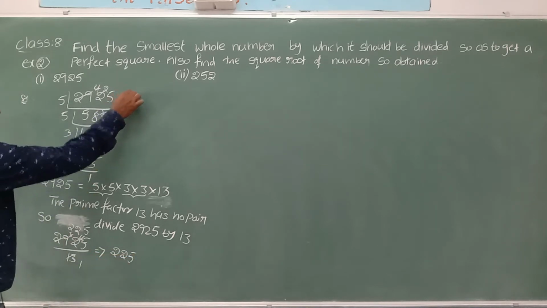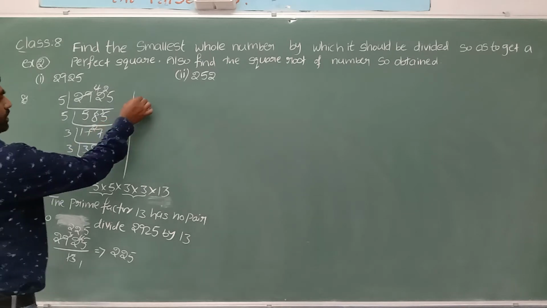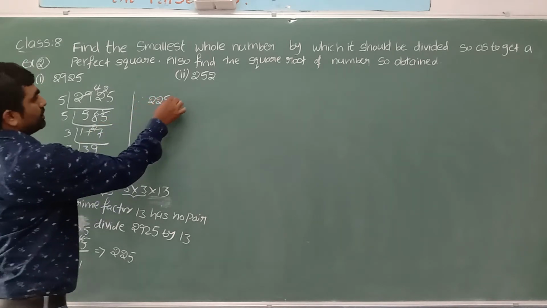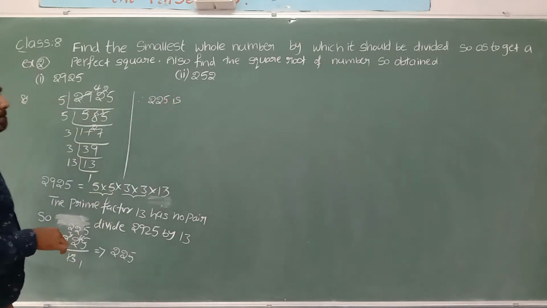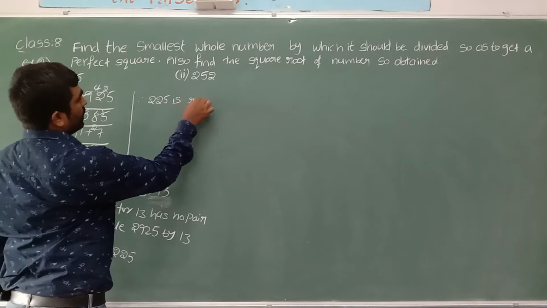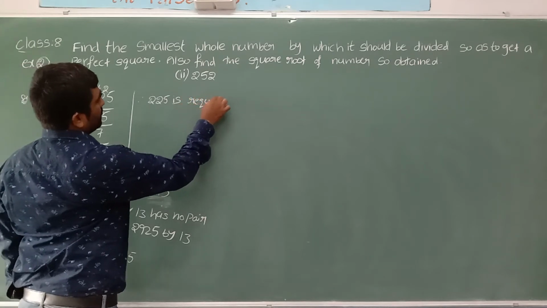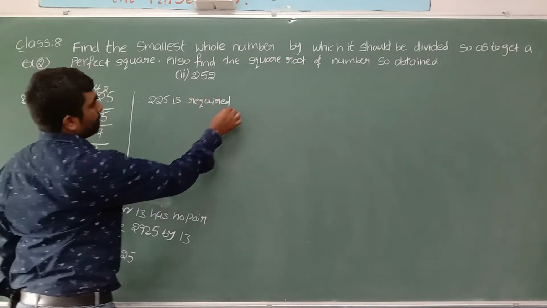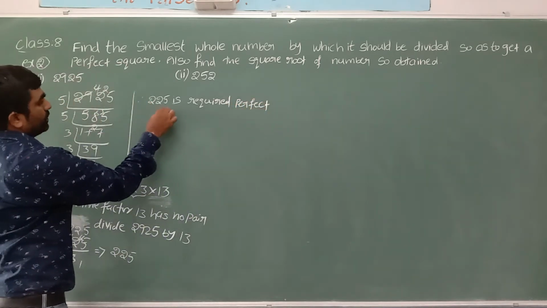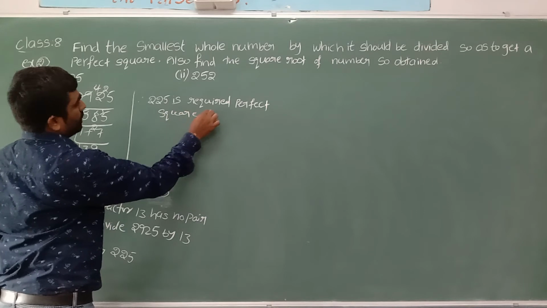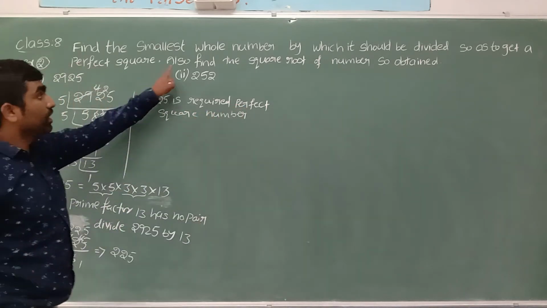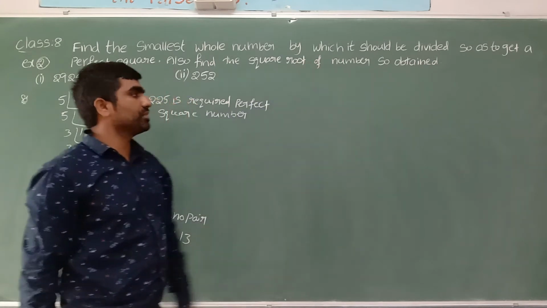Therefore 225 is the required perfect square number. After getting this perfect square number, what are they asking? Also find the square root of this number.